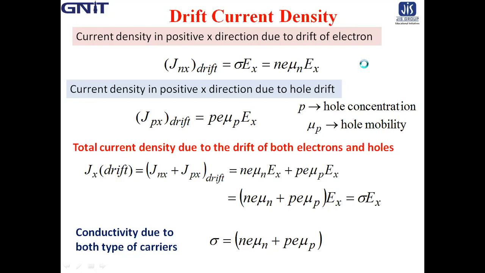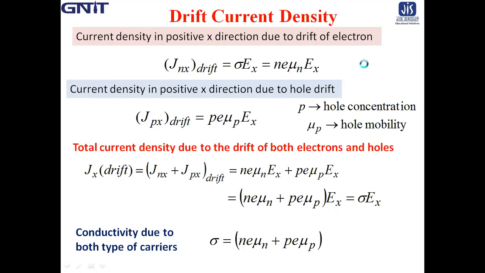The volume of the cross section is basically A cross L. If A is the area and L is the length, therefore the volume of the cross section is A into L. Now let N, capital N, be the number of electrons and the time taken by the electrons to cross the distance L is, say, T.